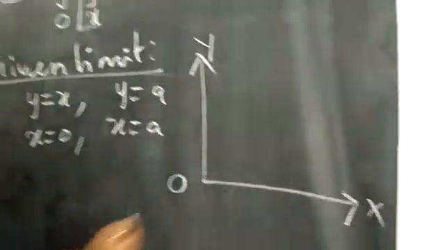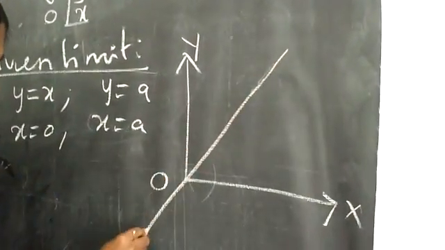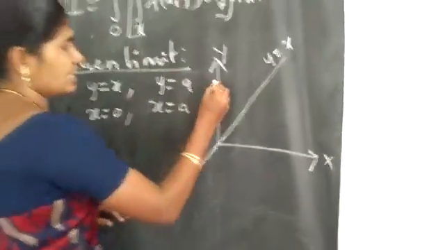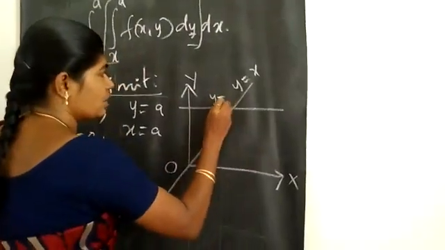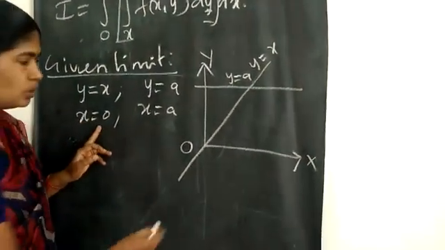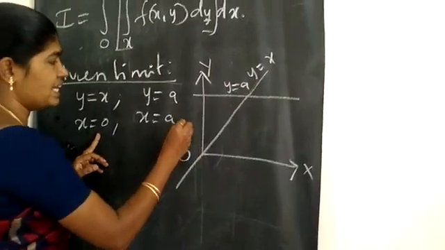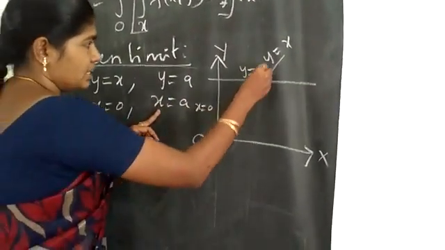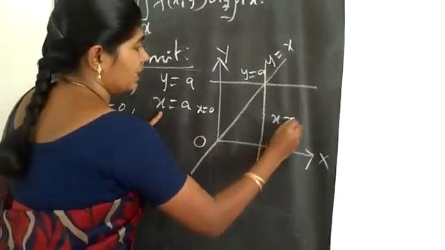So y equals x is a diagonal line, then the line y equals a. And x equals 0 is the y axis, and x equals a is this line.